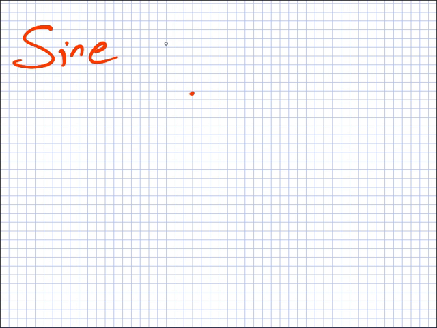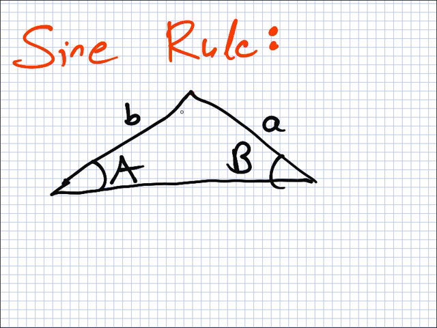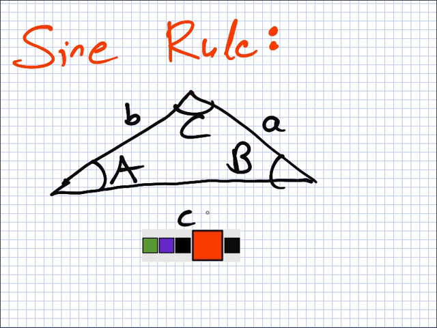Sine rule. Okay, so first we'll just draw a triangle here. And we'll call this side A, this angle A, this side A, B, B, C, C. So this triangle, it's not special, any old triangle.